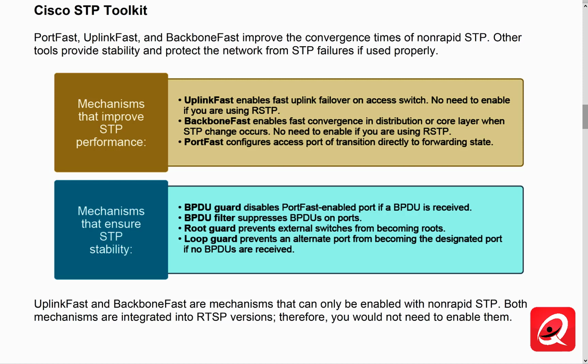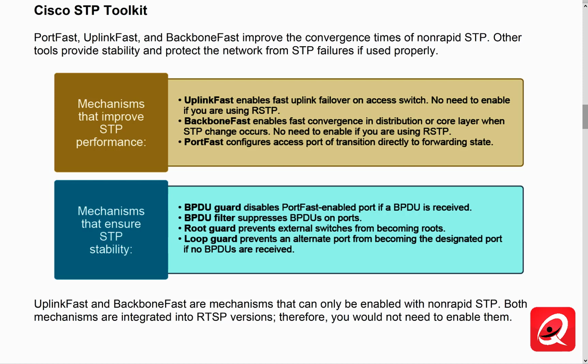Portfast, which is not really considered a security component of spanning tree, but more of an efficiency element, allows us to bypass all of that. It doesn't disable spanning tree on the port, but it does say, you know what? If the port becomes active, or if the link status changes on a port, we will go ahead and put the port immediately into a forwarding state.